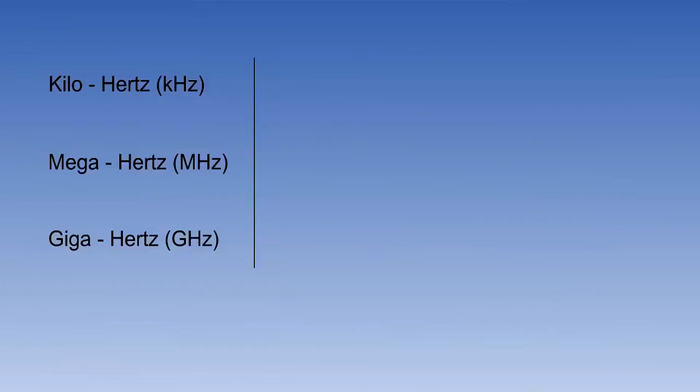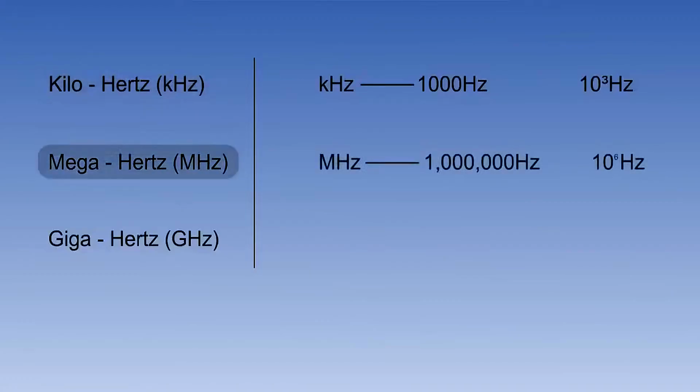Because these figures for radio wave frequencies are always so large, they are expressed in a more convenient way as kilohertz, megahertz, or gigahertz. Kilohertz are units of 1,000 cycles per second, that is, 10 to the power of 3. Megahertz are units of 1 million cycles per second, that is, 10 to the power of 6.